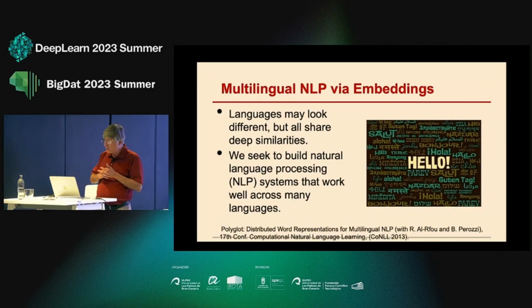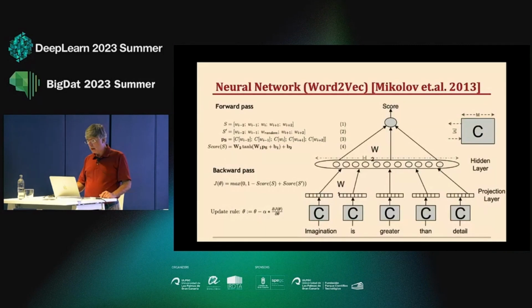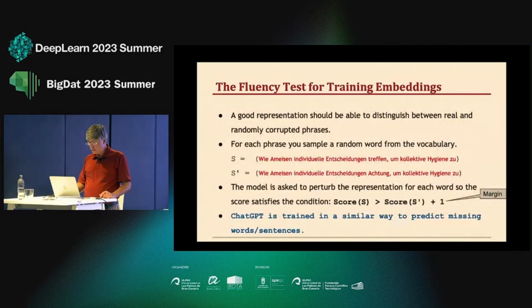So what could you do with these word embeddings? The original thing to do with word embeddings had to do with NLP and the ChatGPT-like things. In fact, if you think about the way we're training these word embeddings, I think I forgot to mention this.